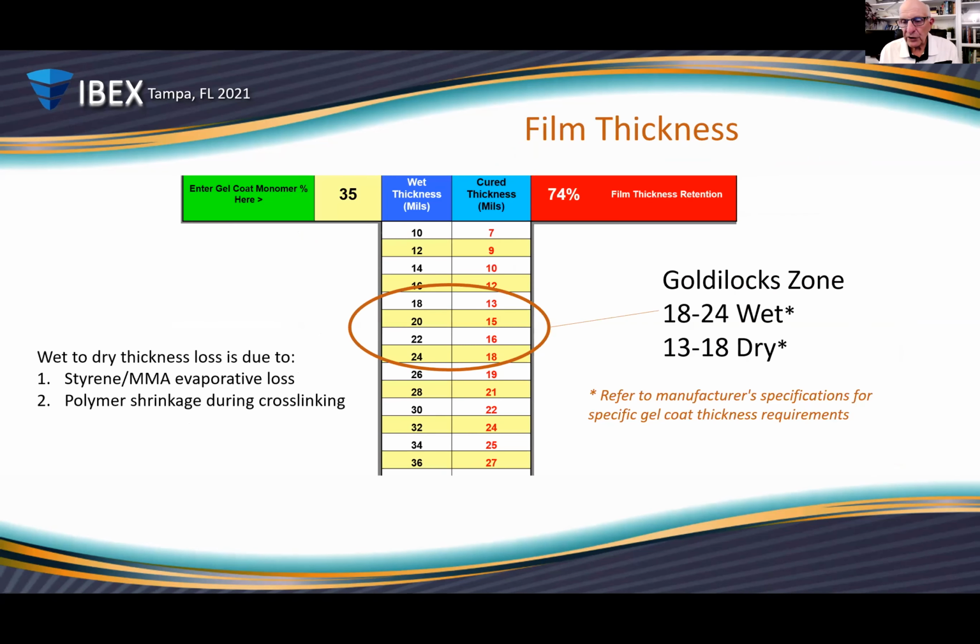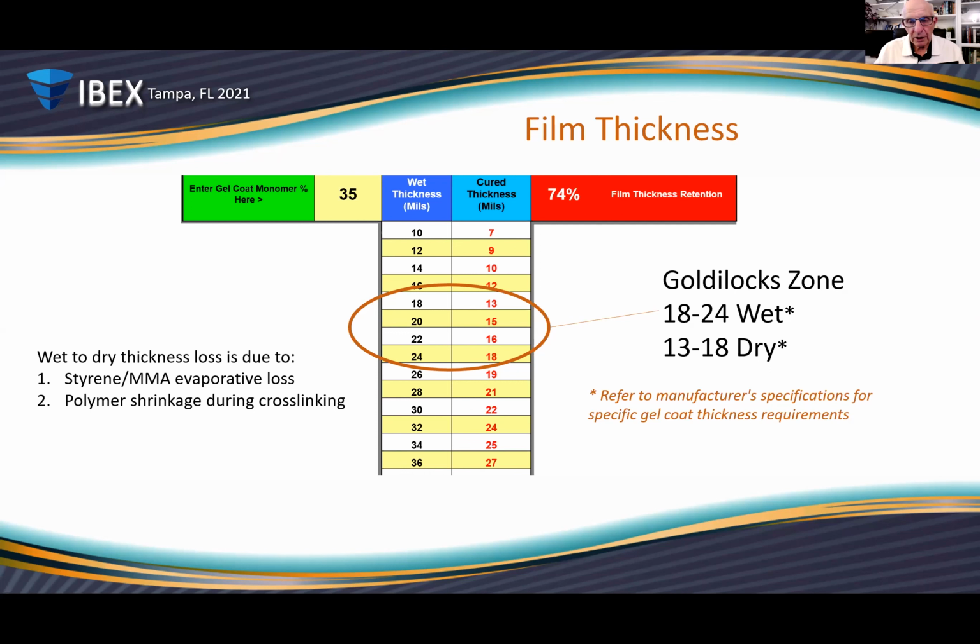Okay, so film thickness. Gel coats are made as an in-mold coating, meaning that they're specifically formulated to be sprayed in a mold, and then the laminate is applied behind the gel coat in the mold. And they are specifically formulated to be sprayed in a pretty narrow range in a thin film thickness.